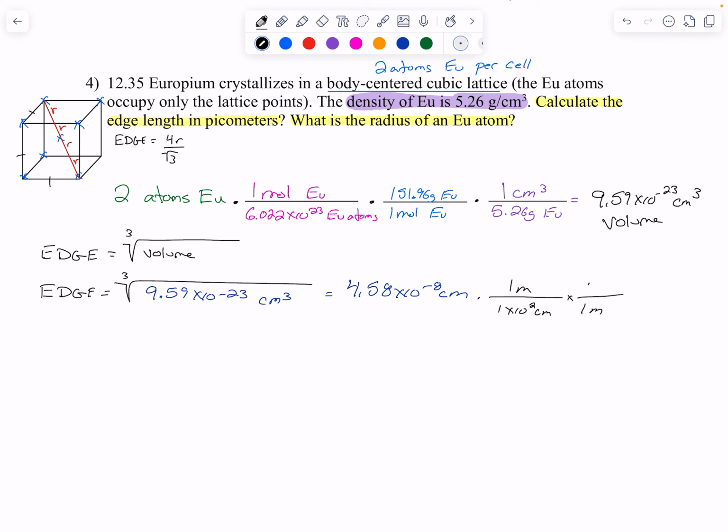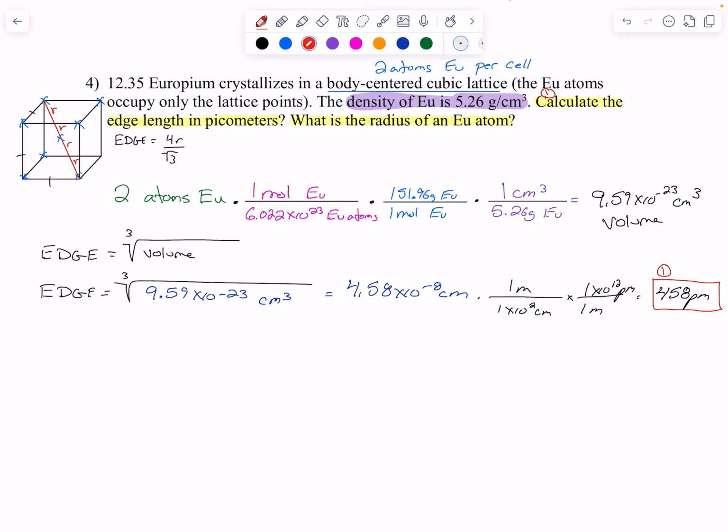And 1 meter, there's 1 times 10 to the 12th picometers. And so if I do that, I get basically 458 picometers. So there is my edge length. So that's number 1. There's number 1.